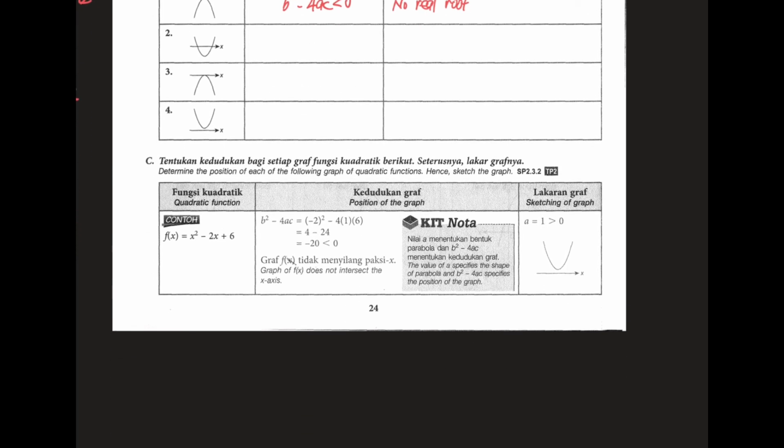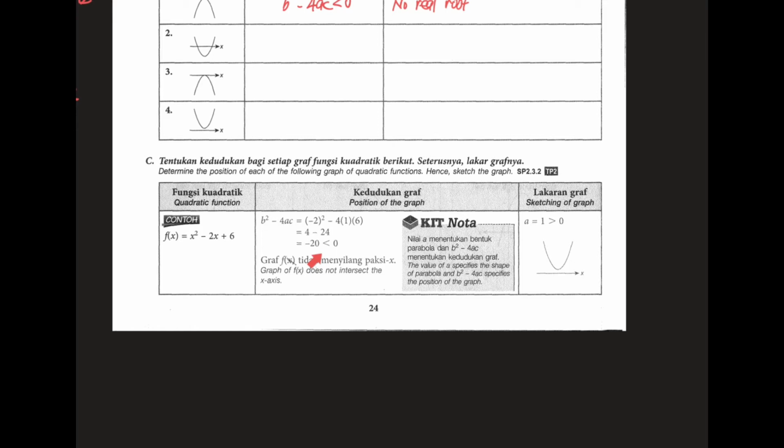Part C. Determine the position of each of the following graphs of quadratic functions. Position, we want the position. Hence sketch the graph. For example, f(x) equals x squared minus 2x plus 6. You count b squared minus 4ac and you will get negative 20.